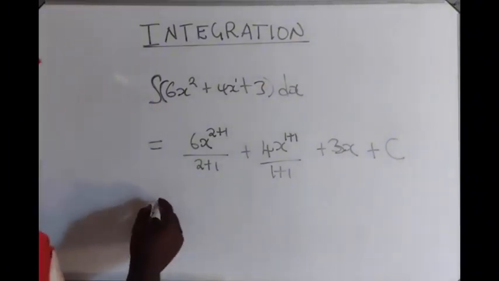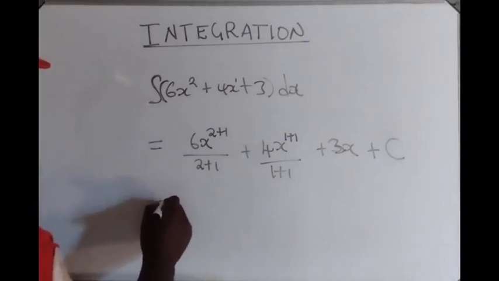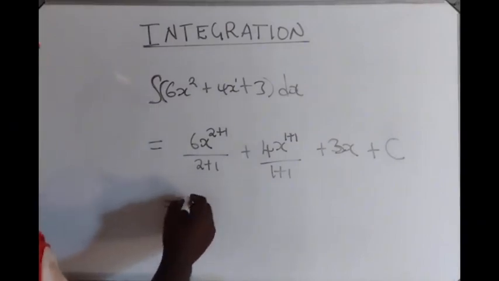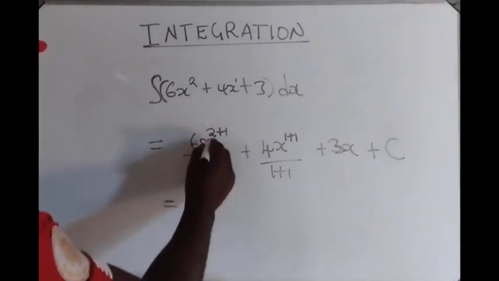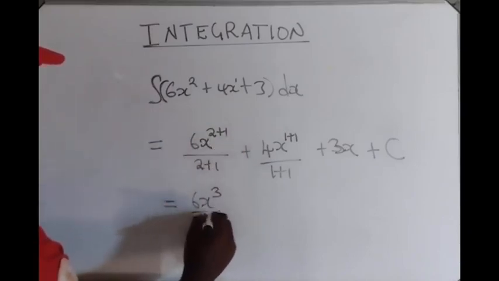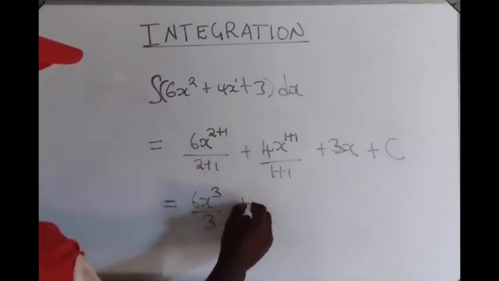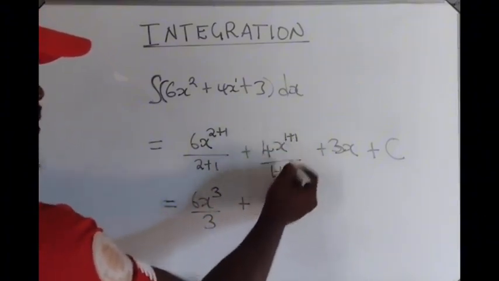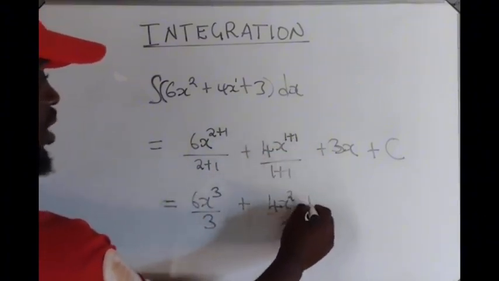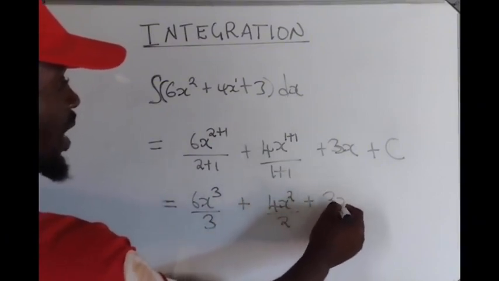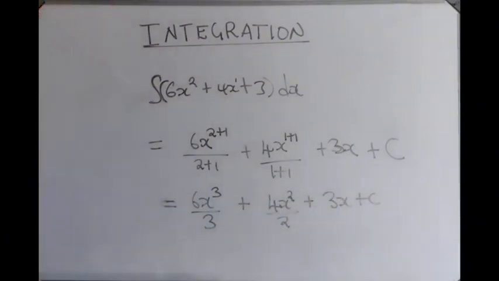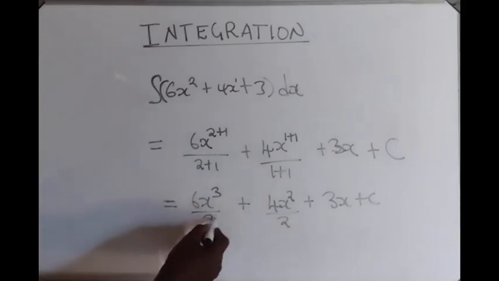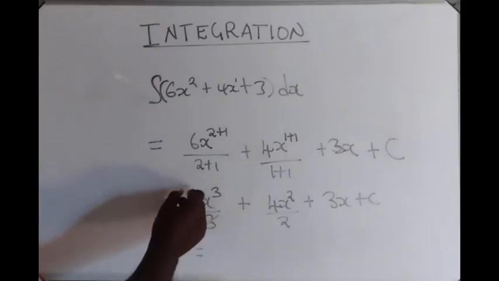From here, let's see what you are going to get. 6x to the power 3, since 2 plus 1 is 3, over 3, plus 4x to the power 2, because 1 plus 1 is 2, again over 2, plus 3x, then plus c. Now we can cancel: this 3 can go into 6, 3 here 1, 3 there 2.